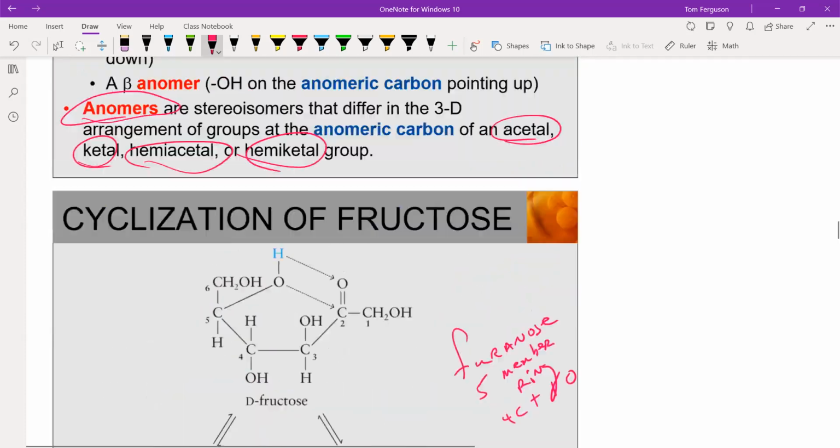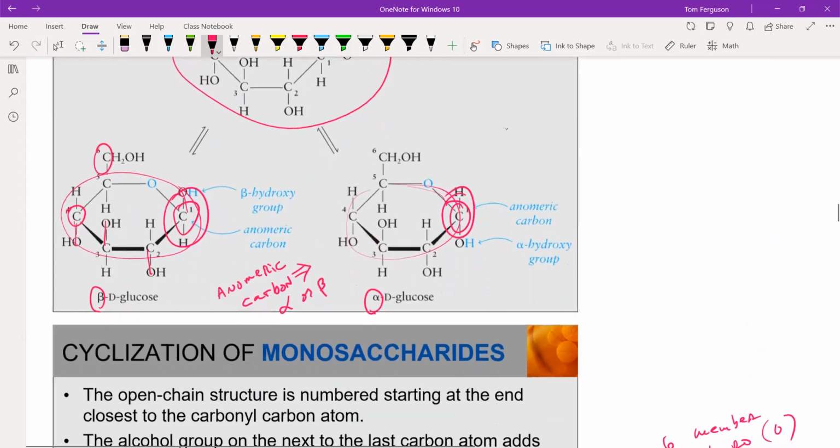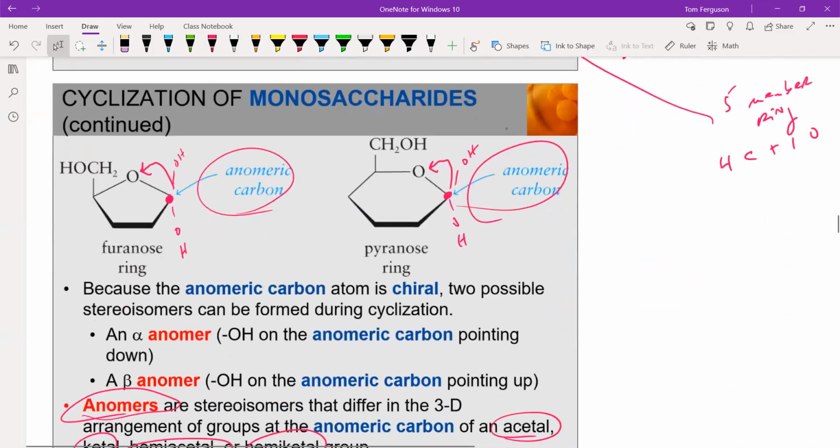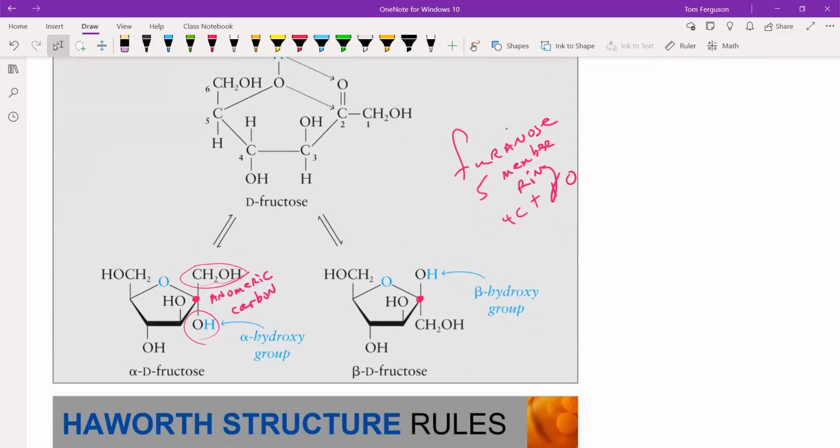Okay, which differs from a pyranose 6-membered ring, where only the OH is flipped. It drags a hydrogen with it, but basically the OH is flipped only here. With a furanose, the OH and this carbon unit are flipped together. That makes sense?